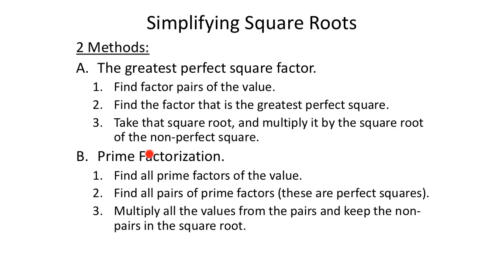So if it's a non-perfect square, you keep it in the square root. If it is a perfect square, then find its actual square root. But the other method is prime factorization, and again, this is the most common. There is a method C. We've talked about it, but let's look at these two first.